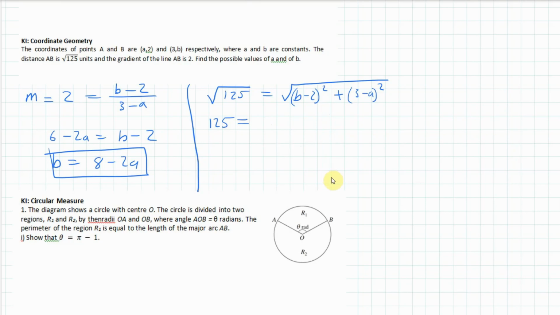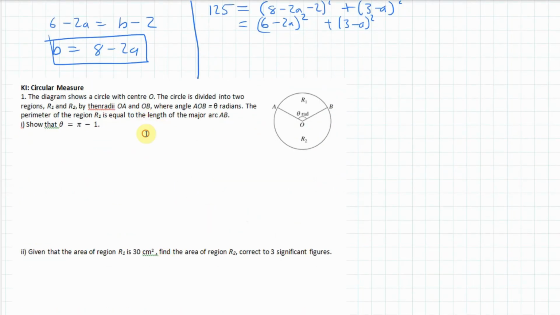Okay, so instead of b minus 2, I'm going to have 8 minus 2a minus 2 all squared plus 3 minus a all squared. Okay, now we can simplify that, so we're going to get 6 minus 2a all squared plus 3 minus a all squared. Now let's see, give ourselves a bit more room here.